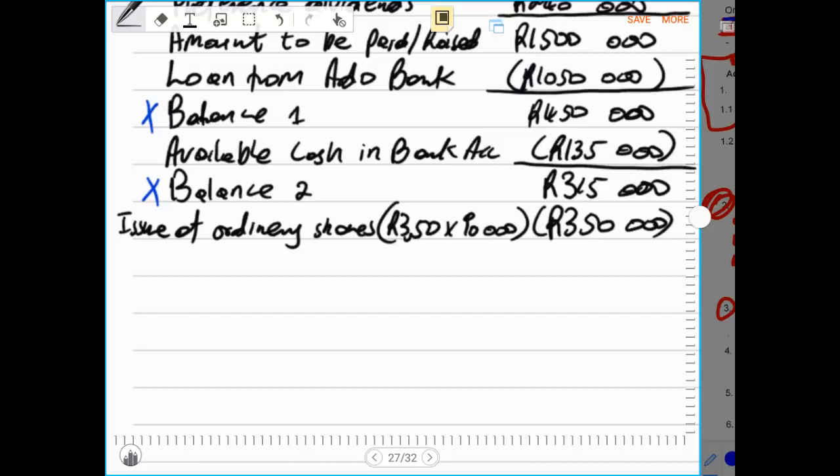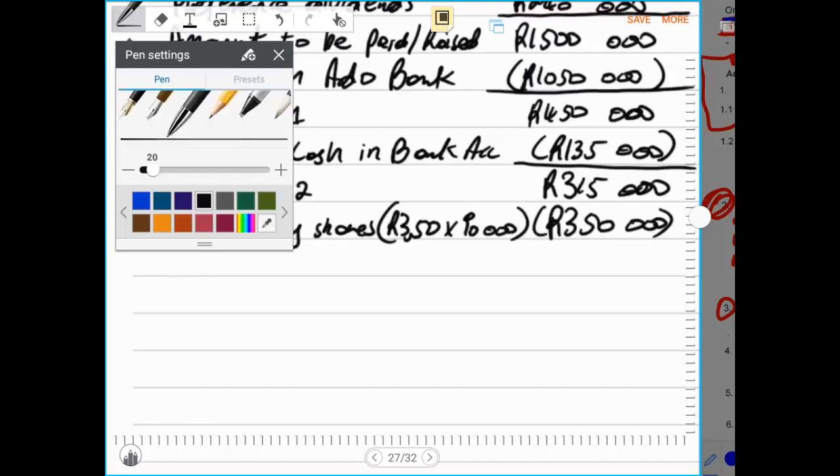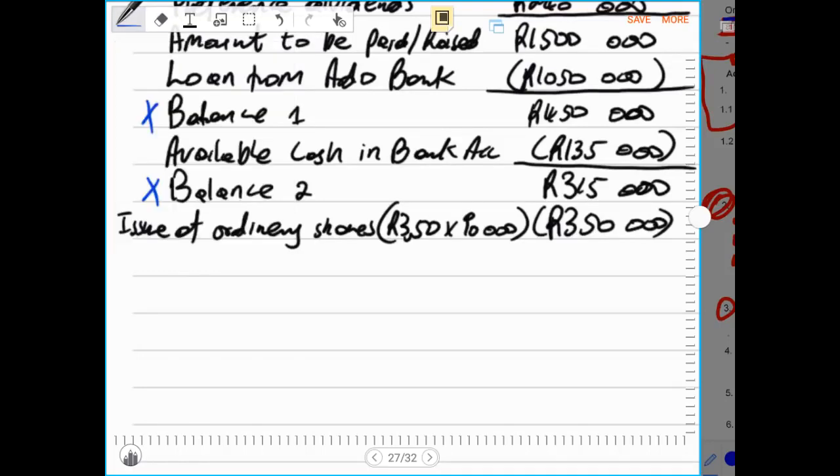Therefore, to answer the instruction, number of ordinary shares to be issued, so that we are clear in terms of giving the answer to the question.